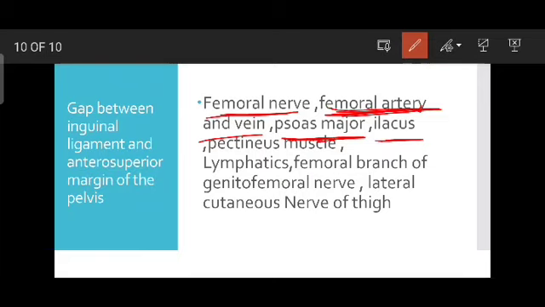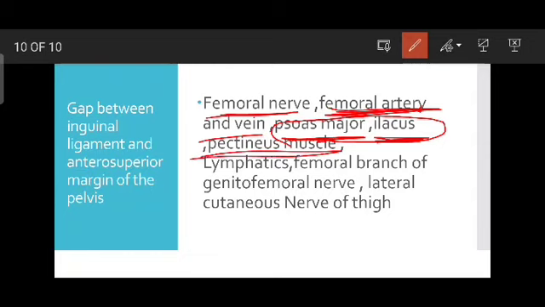Iliacus also originates from the iliac fossa, that is in the hip bone, and is inserted in the lesser trochanter. So both psoas major muscle and iliacus muscle have the common tendon, so we call it iliopsoas in the lower limb. Okay, iliopsoas muscle.